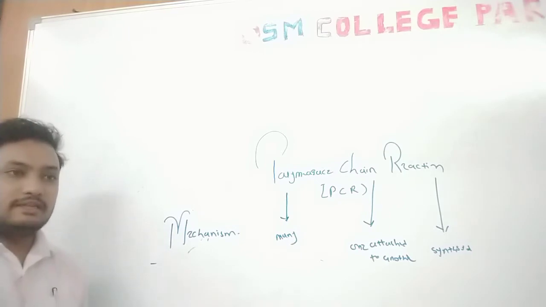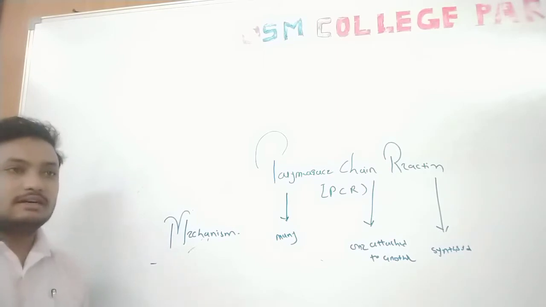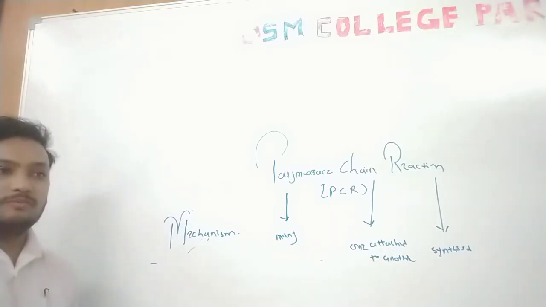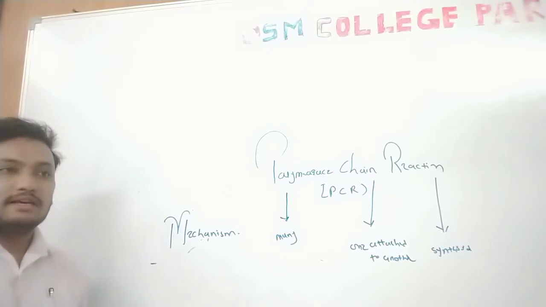In this, the primase first binds to the DNA, then the nucleotides are synthesized through the polymerase. Different types of polymerase interact and add the nucleotides. So the main focus is the polymerase.